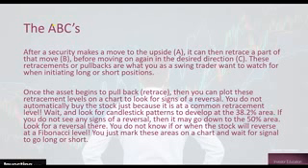After a security makes a move to the upside, A, it can then retrace a part of this move, B, before moving again in the desired direction. These retracements or pullbacks are what you as a swing trader want to watch for when initiating long or short positions. Once the asset begins to pull back or retrace, you can plot these retracement levels on a chart to look for signs of a reversal.